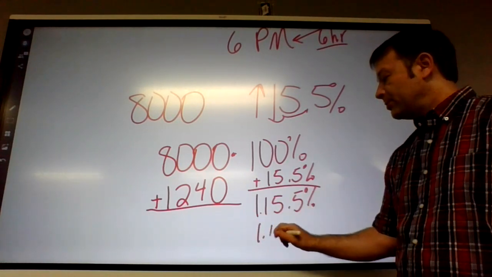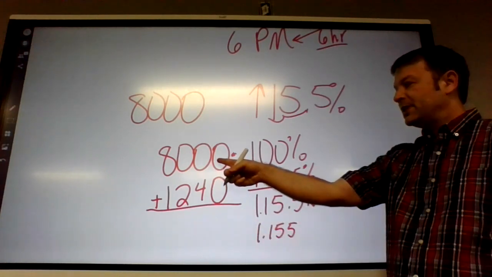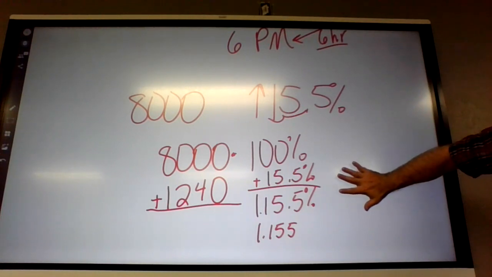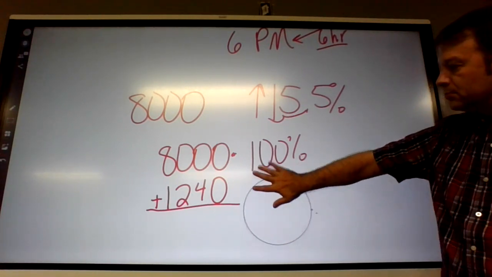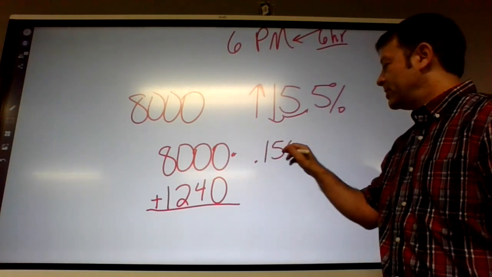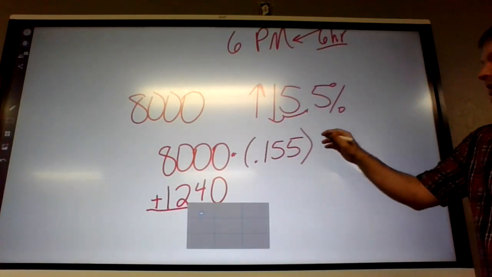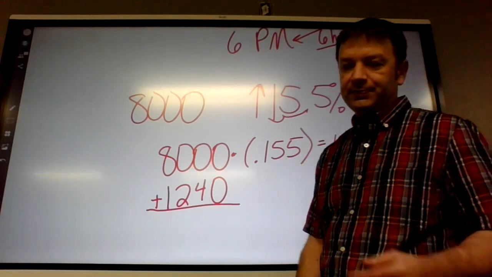So that would be like multiplying by 1.155. That would do it also. You could do it in one step that way. But yeah, multiplying it by 0.155 gives you the markup.